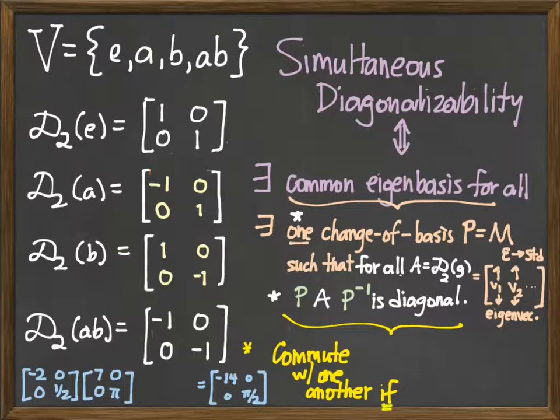So the general statement is that it goes both ways as long as all of our matrices are diagonalizable: if A and B are diagonalizable and they commute, then they are simultaneously diagonalizable. And conversely, if A and B are simultaneously diagonalizable, then they commute one with another.